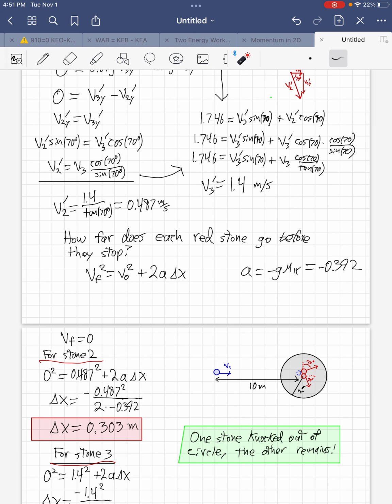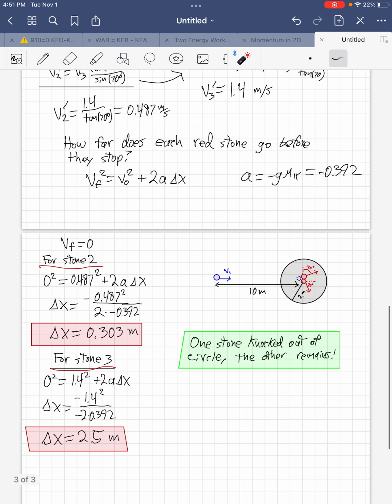And what's the acceleration going to be? Well, it's still sliding on the ice with the same coefficient of friction. So the acceleration is going to be the same as the blue stone's. It's going to be negative gravity times the coefficient of friction, negative 0.392. So we can plug that in.